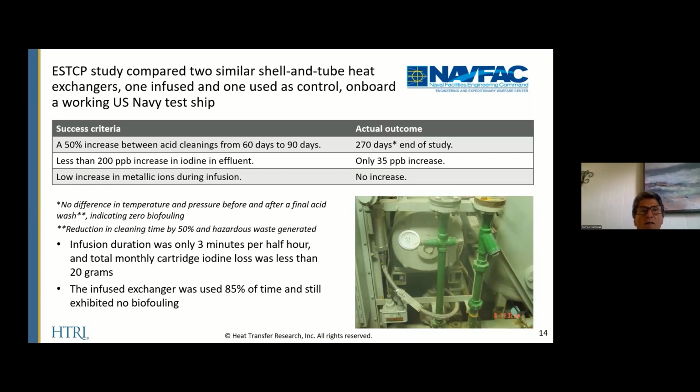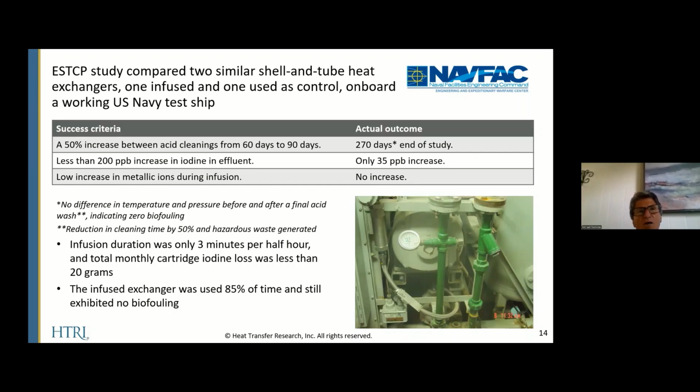Well, the total time allotted to the technology presentation was 270 days. Not only were we able to double the time in between, an increase of 50%, we actually went the entire trial time of 270 days without an increase in foul formation.